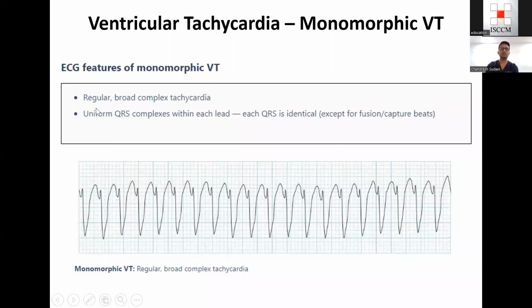And this is called regular broad complex tachycardia. And here each QRS is identical. Maybe sometimes two QRS complexes will have merged and they will show as capture beats, but otherwise most of the time we will consider this kind of ECG as a monomorphic VT, and the management of monomorphic VT, again, is a DC shock.